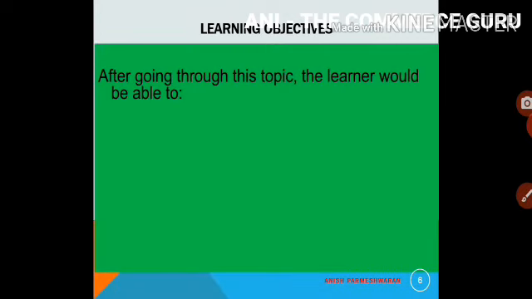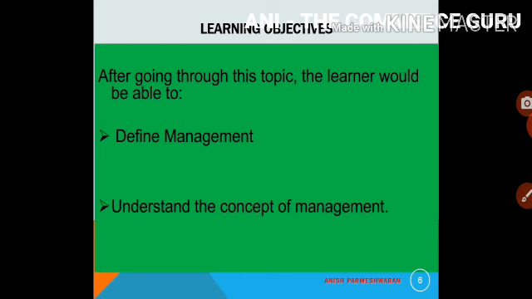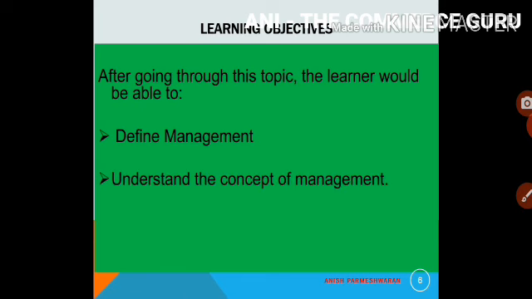The learning objectives of the first topic are: the learner would be able to define management and would be able to understand the concept of management.